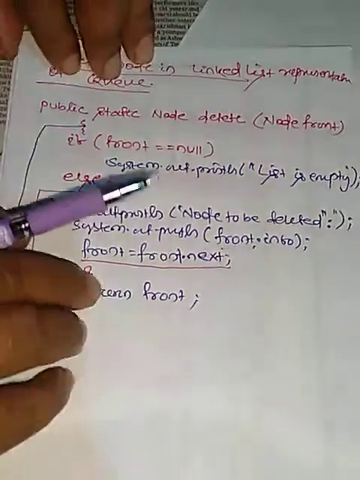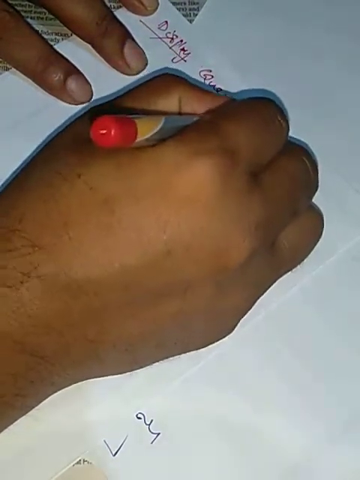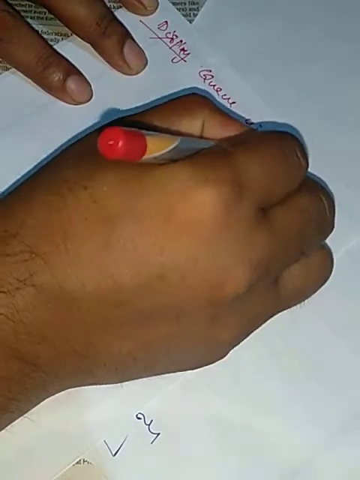Okay, so now we'll move along to display the linked representation of the queue. Display queue using linked list.